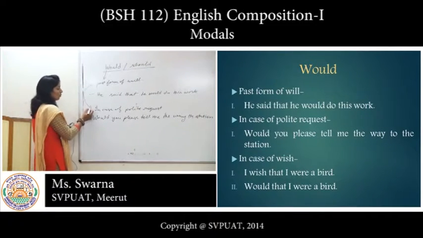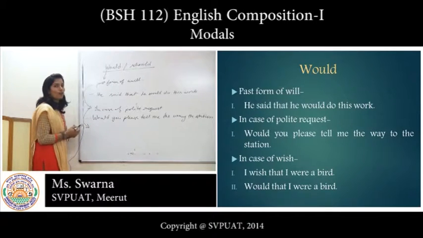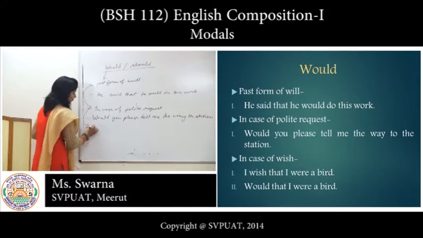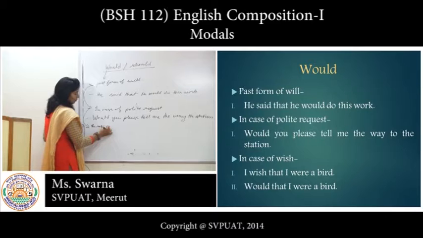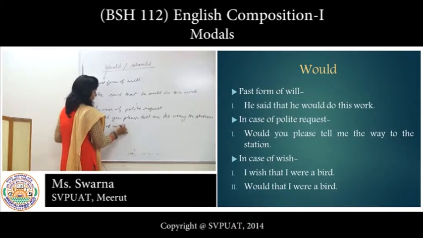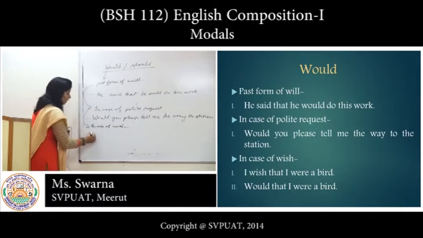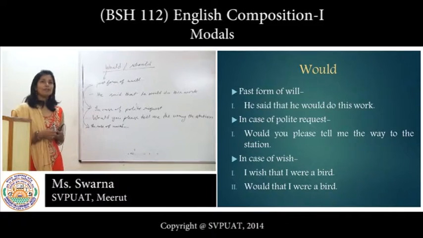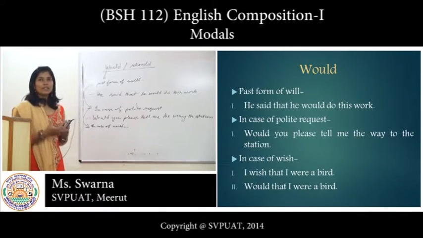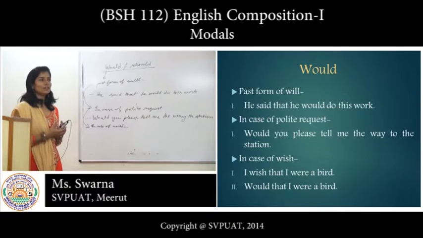And the third use of would is in case of wish. Like you imagine, like our king, our bird, our prime minister. So these are the cases of imaginative flight.